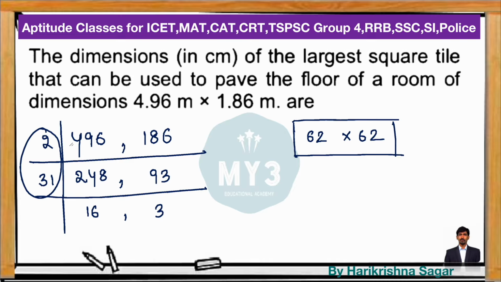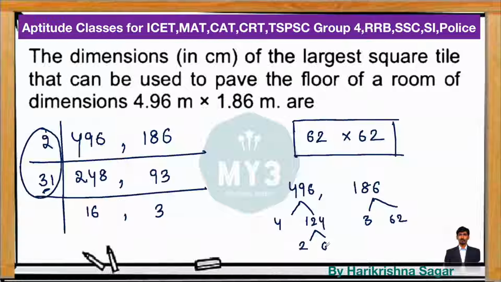If you are not comfortable reading the 31 table, you can also use the factorization method like this. This is 496 and this is 186. How can we write 496? 4 table, 4 1s are and 4 2s are, 4 4s are. And how can we write 186? 3 1s are, 3 62s are. And now if you observe, we can write this as 2 times 2 times 2 times 62.